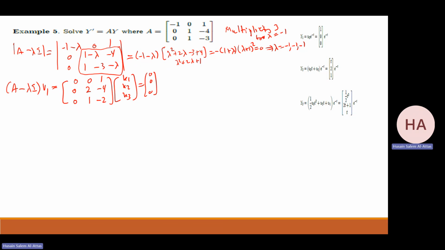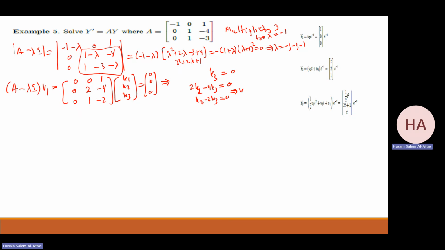So I'm getting what? I'm getting K3 equals 0, is the first equation. And I have 2K2 minus 4K3 equals 0, and K2 minus 2K3 equals 0.